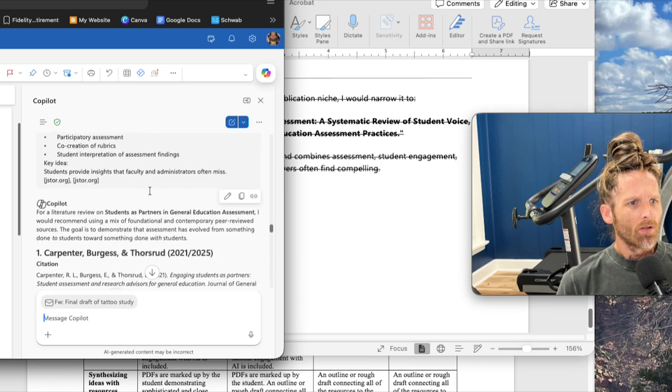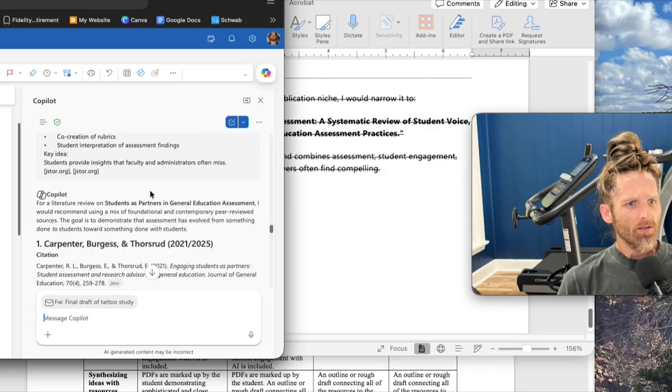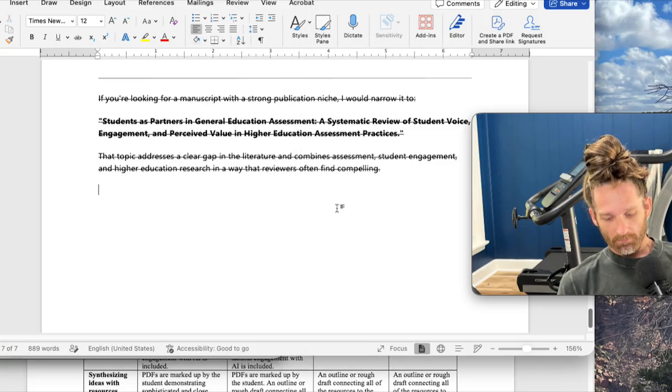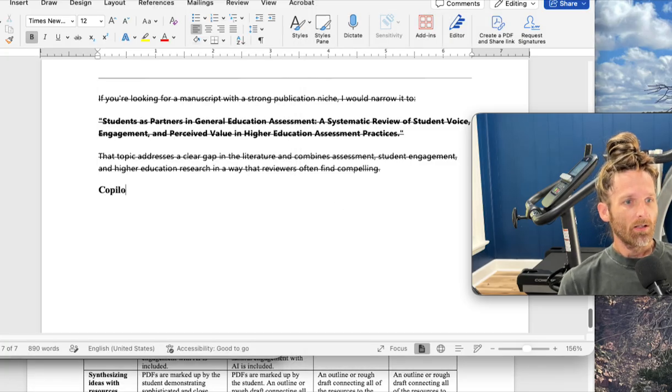Okay. For a lit review on students as partners in gen ed assessment, I would recommend using a mix of foundational and contemporary peer-reviewed sources. The goal is to demonstrate that assessment has evolved from something done to students. CoPilot gave me the following suggestion.